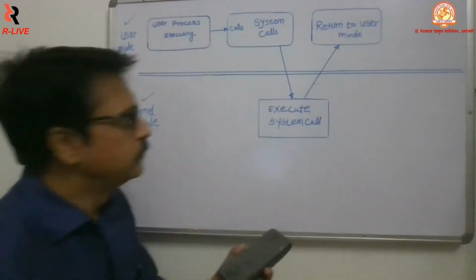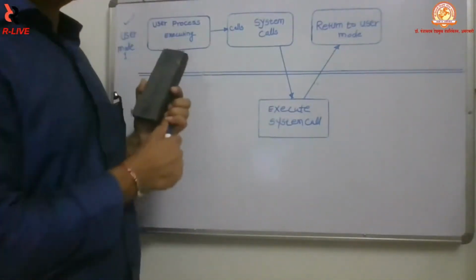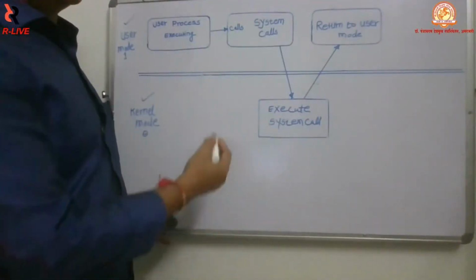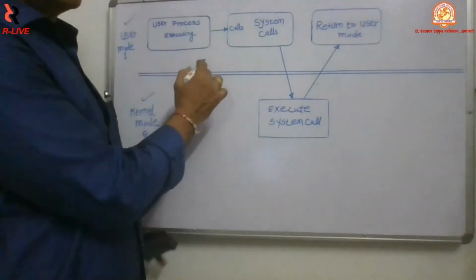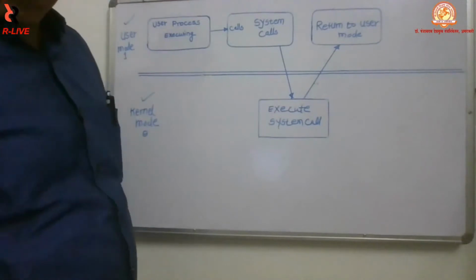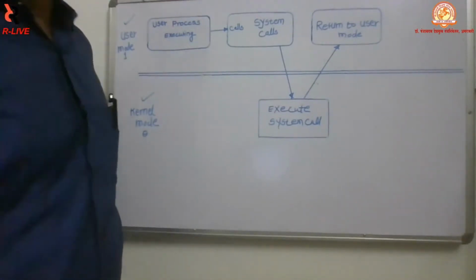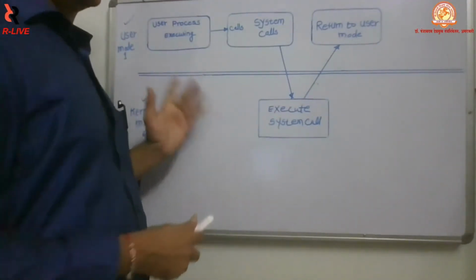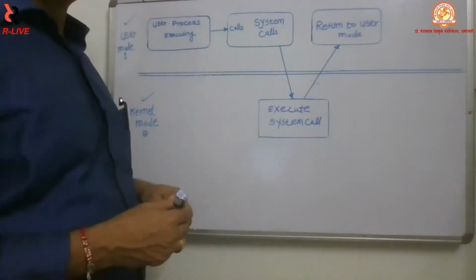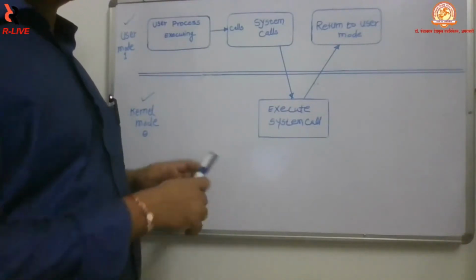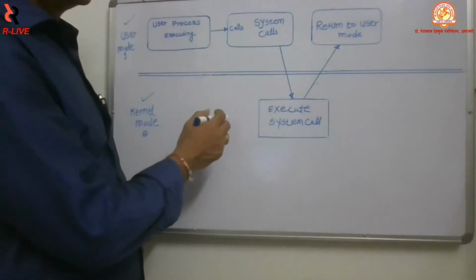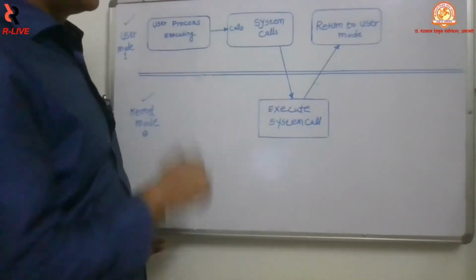User mode. See this diagram: the system is in user mode when the operating system is running a user application, such as a text editor or a program. The transition from user mode to kernel mode occurs when the application requests the help of the operating system.